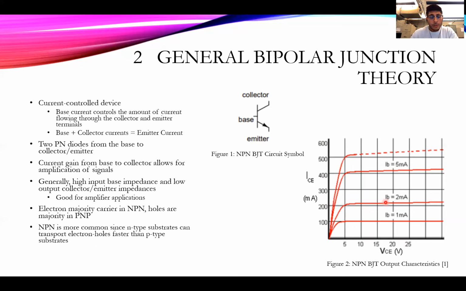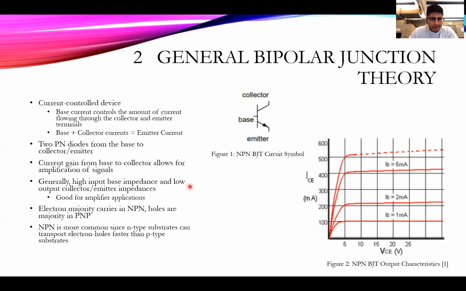That is truly just controlled by the base current. So as we increase that base current, the amount of current that's able to flow through the collector is also increasing.